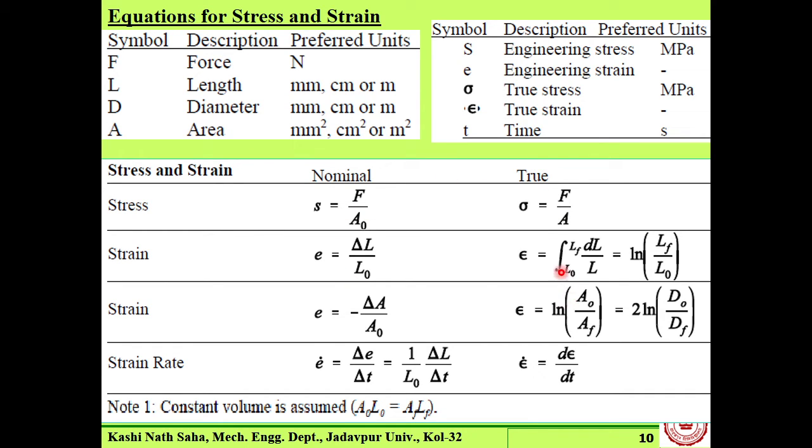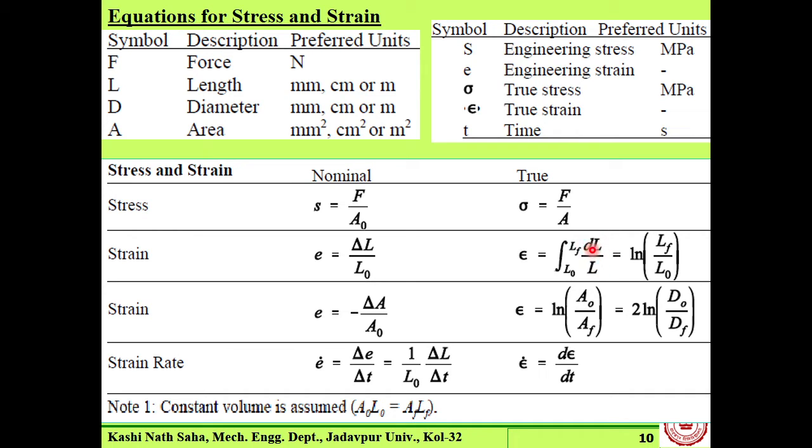These are the measures following the actual deformed state, which is known as the true state. Force divided by the current area, and strain is the summation of the instantaneous strain values. So from initial length to final length, we go on measuring the strain, elementary.